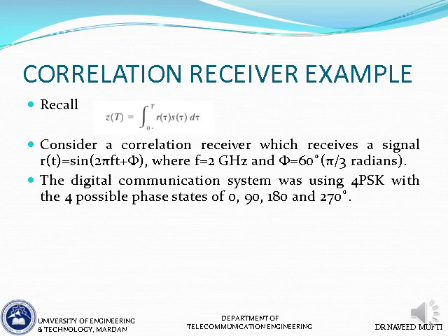And then we are told that the digital communication system was using 4 PSK modulation with 4 possible phase states of 0 degrees, 90 degrees, 180 degrees and 270 degrees. So actually the waveform that would have been transmitted would have had one of these phases, but the one that we have received has got a phase of 60 degrees.